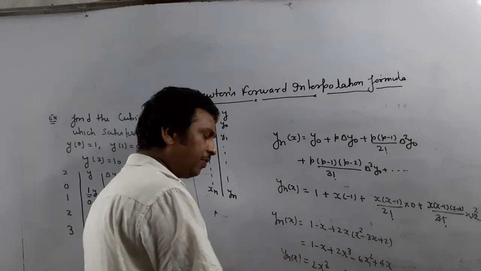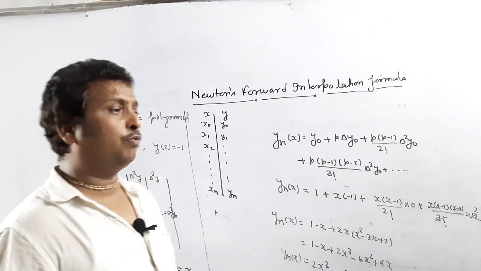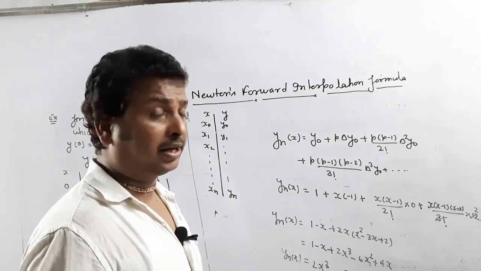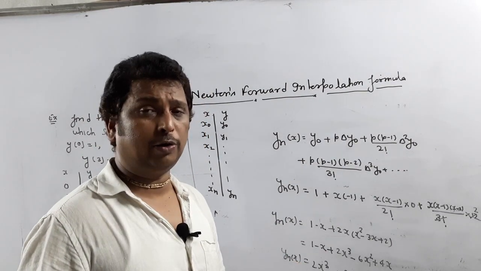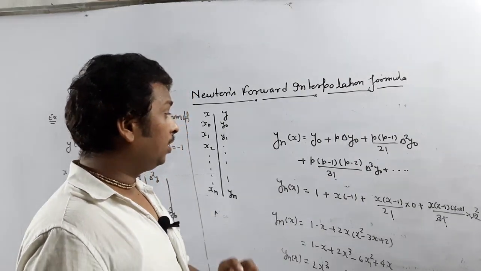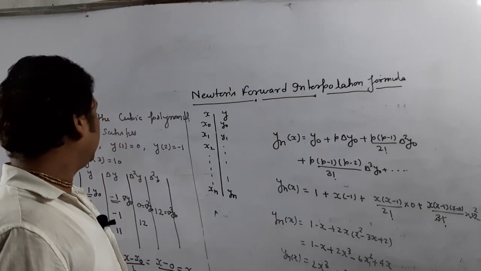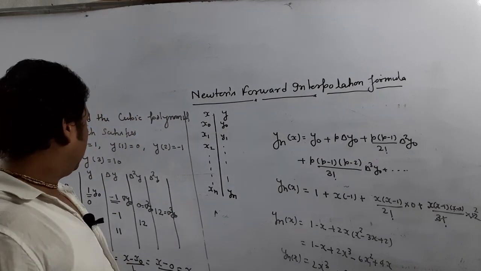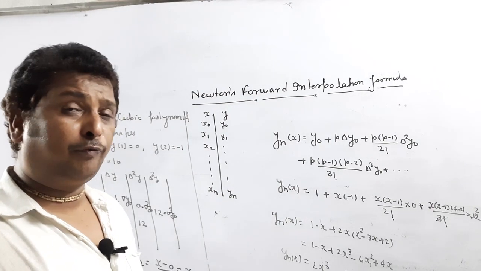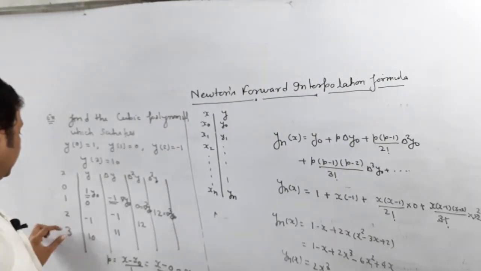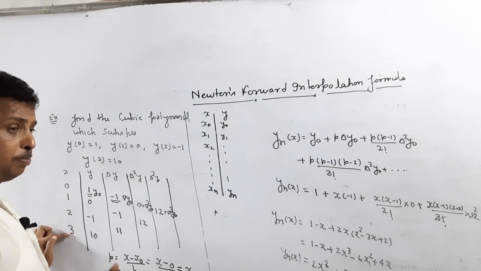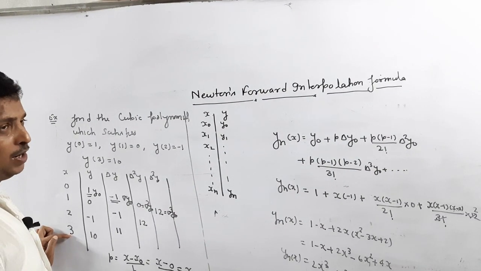Now whatever value they ask, suppose they ask to find y10, y13. What is y13? Just in place of x put the value 13 and you will get the answer. Now suppose they ask you to find y2.5. y2.5 is near the end point, so better we go for the backward difference table.